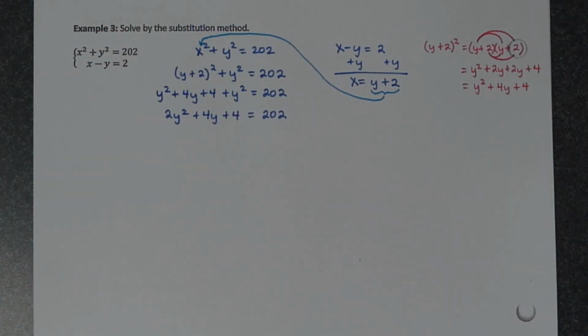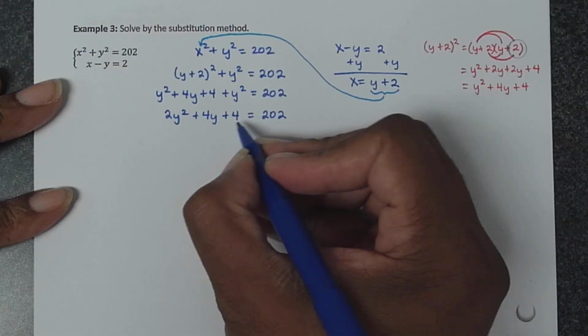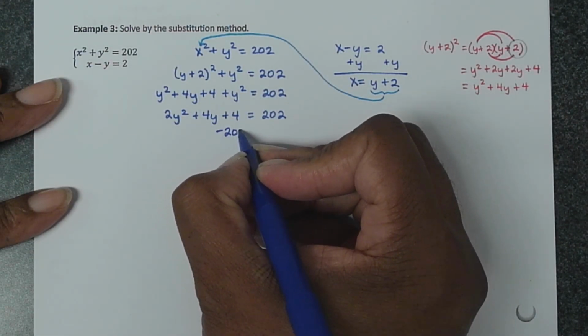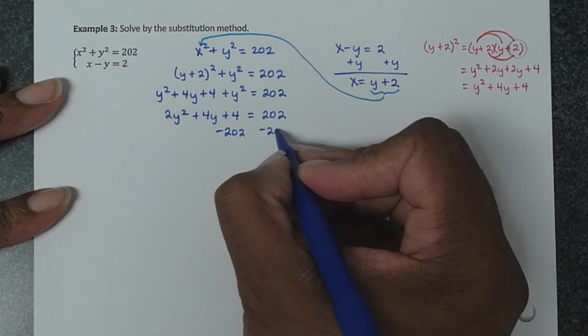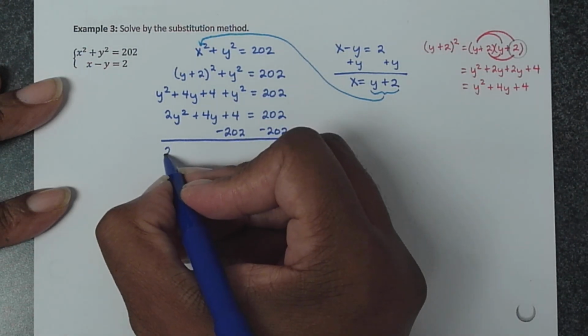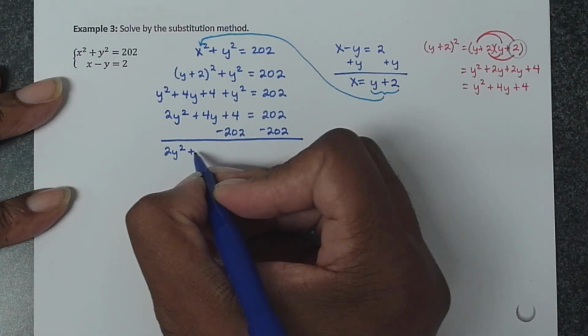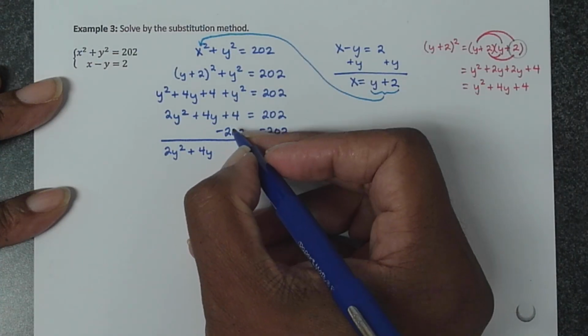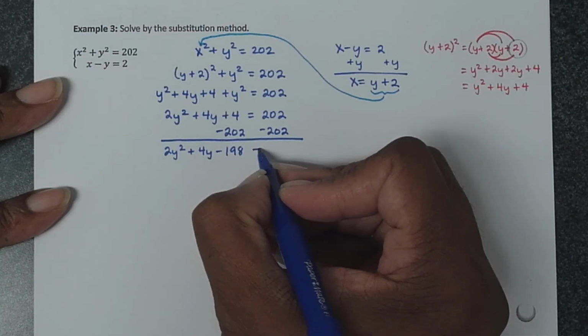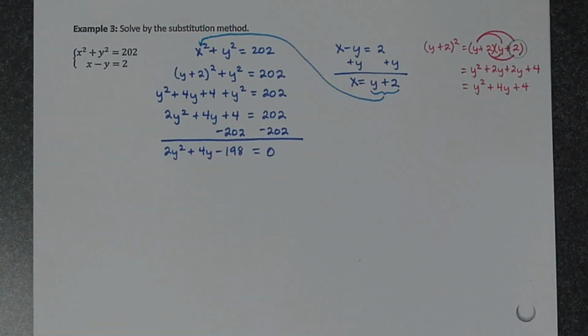Now I need to get a 0 on one side of this equation since it's a quadratic equation that I'm trying to solve. So let's move the 202 over to where the other terms are by subtracting 202 on both sides. That means I have 2y squared plus 4y, and now 4 minus 202 will be negative 198, and that's equal to 0.